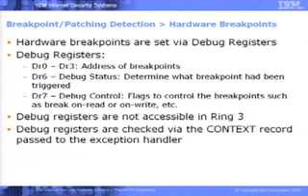Hardware breakpoints are set by setting the debug registers. Because debug registers are not accessible in ring 3, most packers try to identify them via the context record passed to the exception handler.